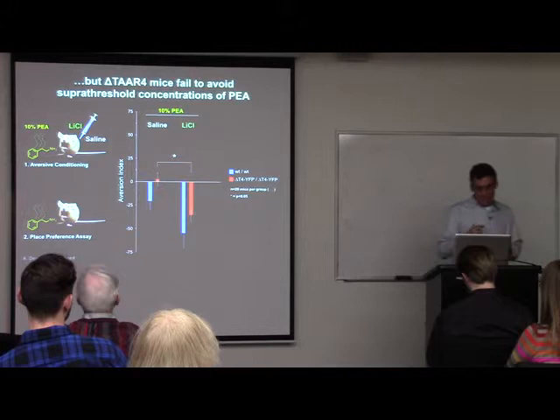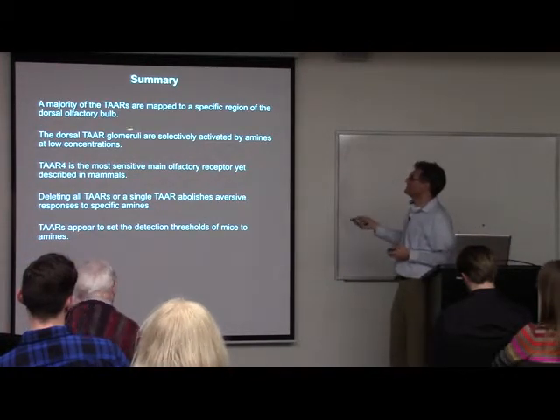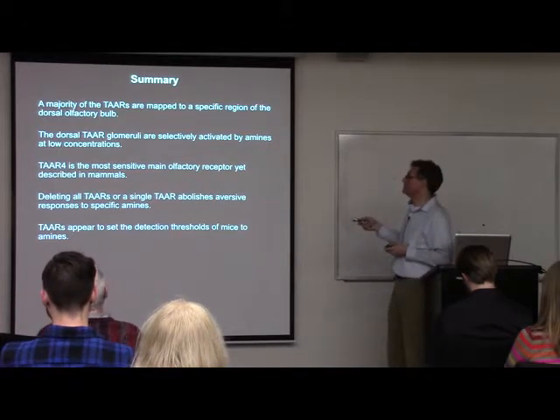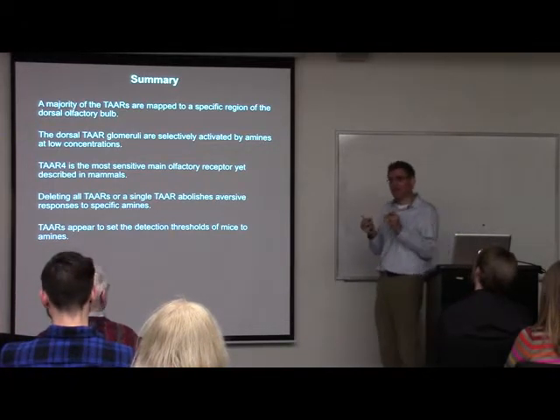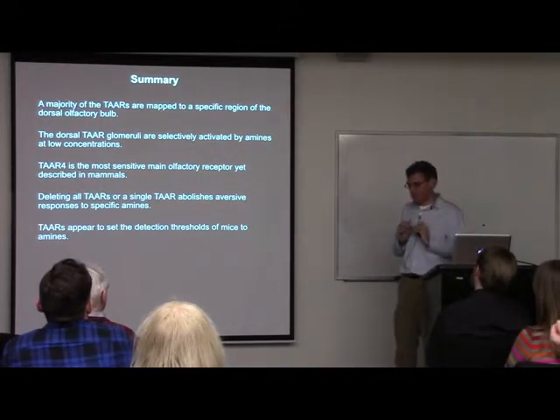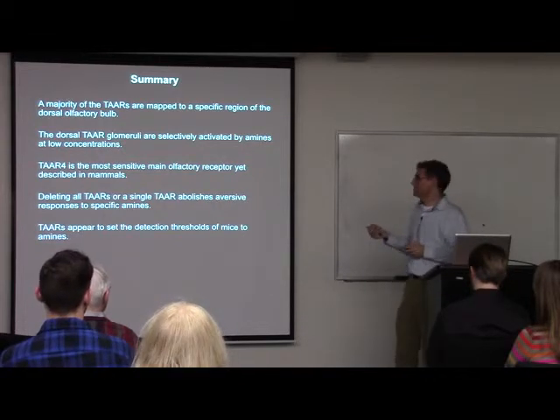Okay? So just to summarize, what my lab has been able to show in the last few years is that a majority of the TARs are mapped to a specific region of the olfactory bulb, and that these dorsal glomeruli are preferentially responsive to amines. And TAR4 is very sensitive, even among the TARs.